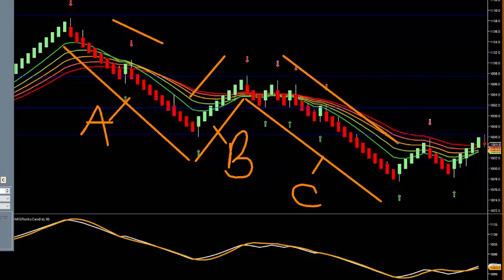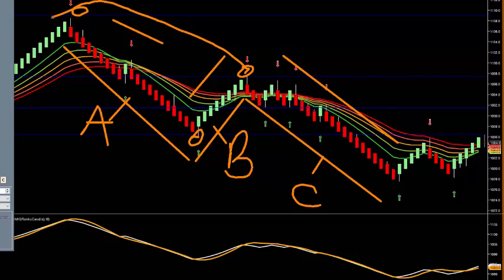Okay, and I'll tell you the rules of the game. Once we establish A, the beginning of B and the end of B, the end of B should not be past A. All right, and then when we're looking at C leg, C leg will always be the end of the A leg.